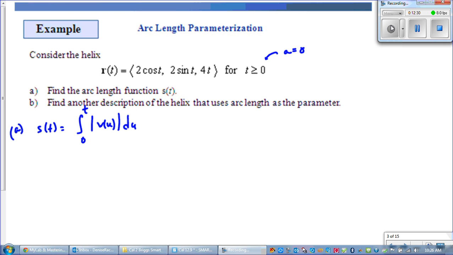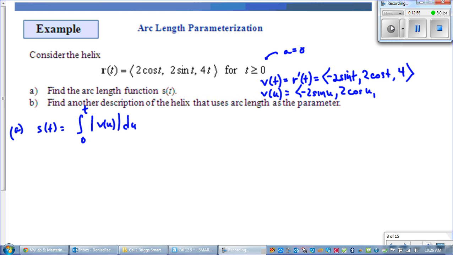Okay, so let's find v of u, which is r prime. So first, v of t is r prime of t, which is negative 2 sine of t, 2 cosine of t, 4. So v of u will be negative 2 sine of u, 2 cosine of u, 4.